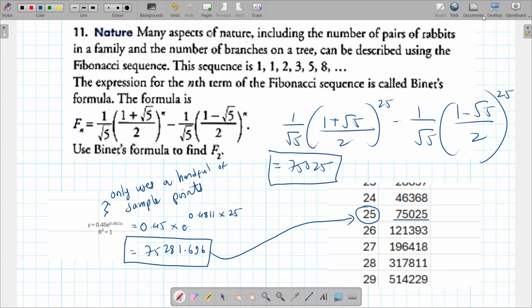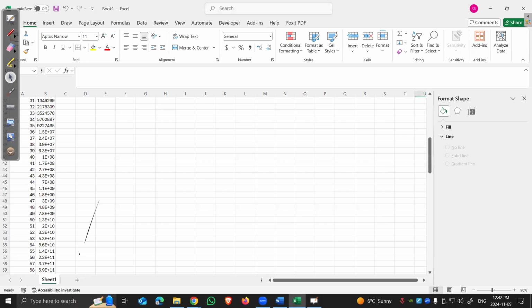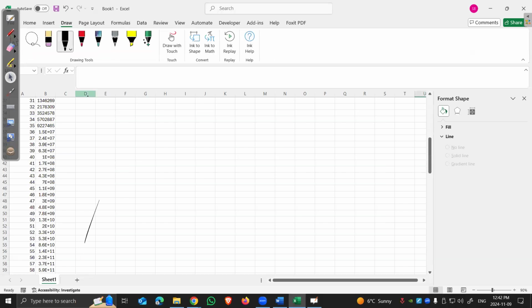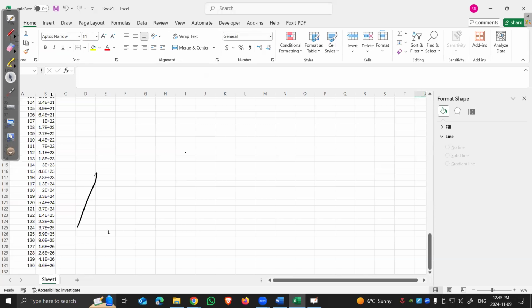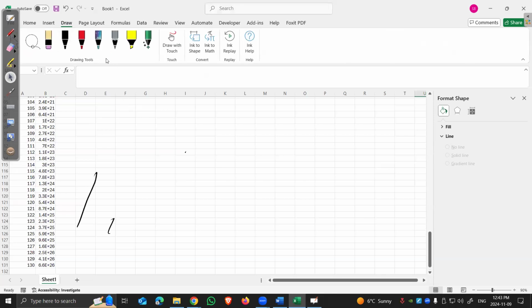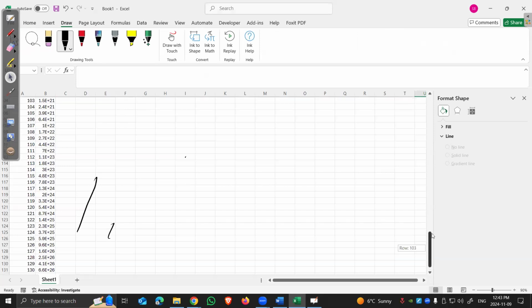Now, if we had the entire Fibonacci sequence, all the way to infinity, okay?